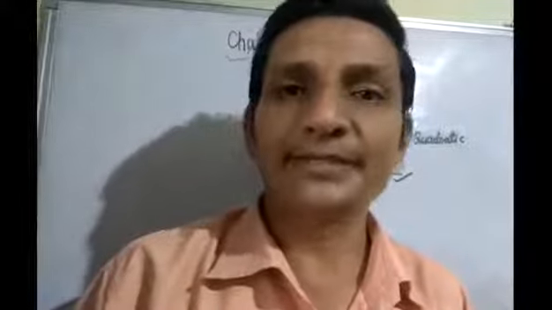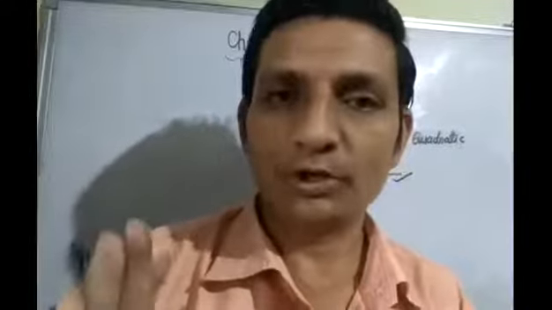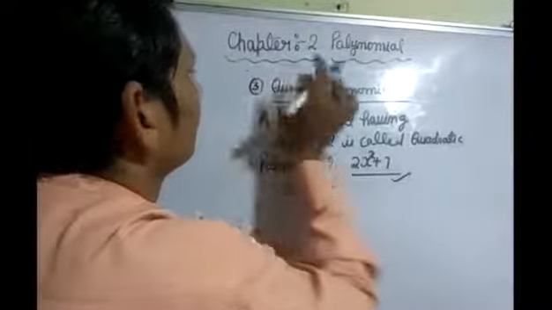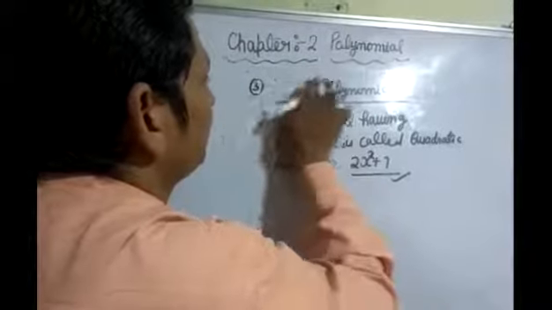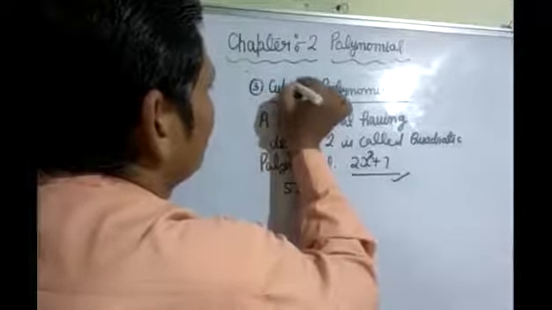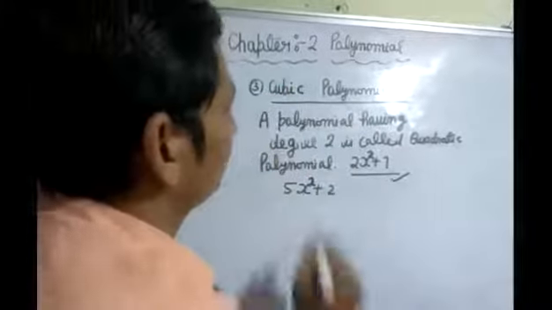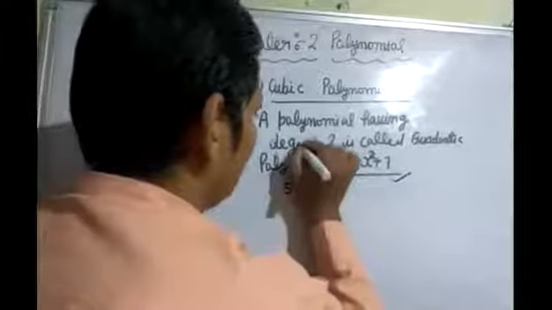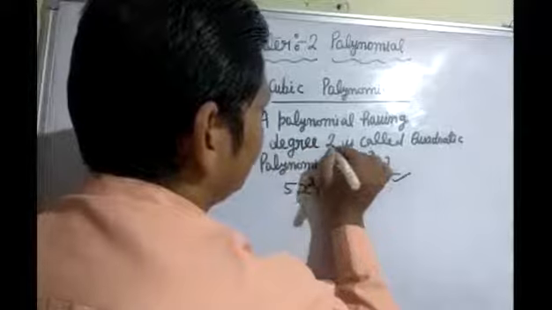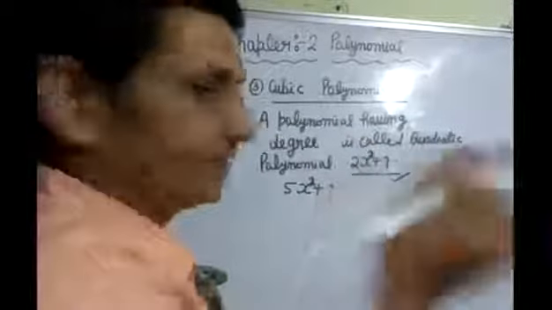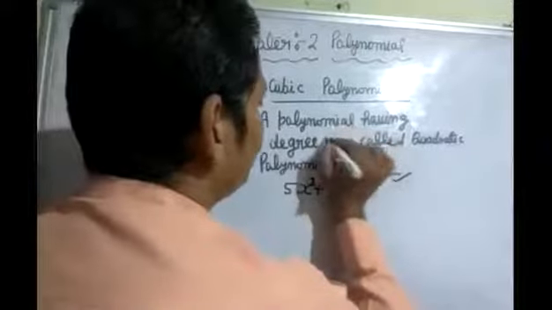Third is cubic polynomial. A polynomial of degree 3 is called cubic polynomial. Cubic means power of x is 3.